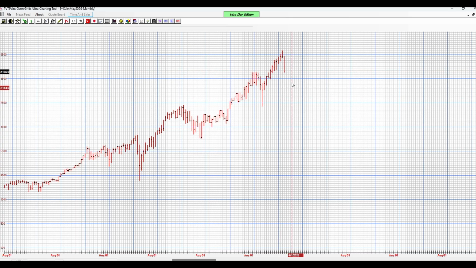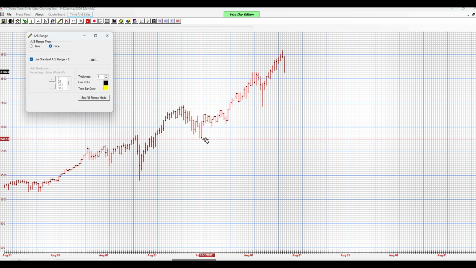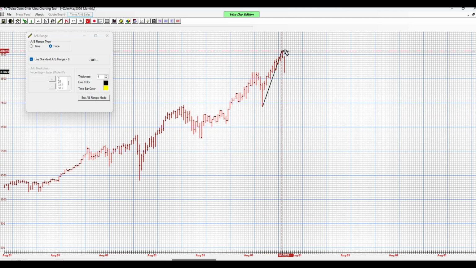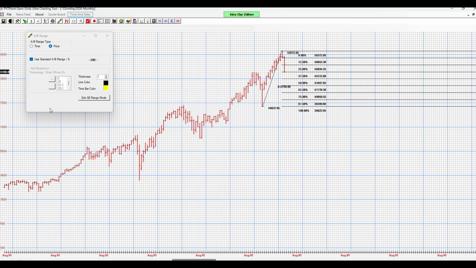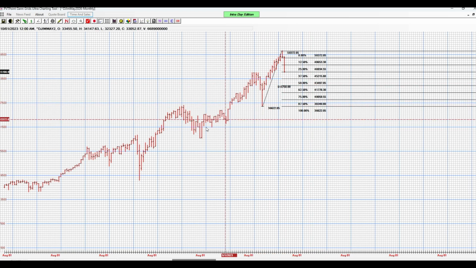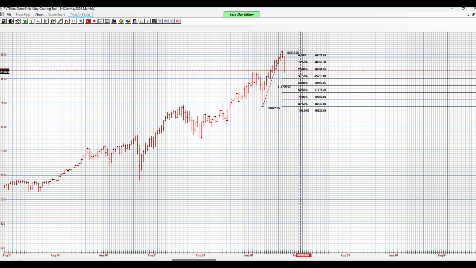As far as a price that we can look at, let's look at the AB range. And we're going to take the AB range from the low to a high, and we're going to get the divisions of that particular price swing. And we're looking at a 50% pullback.